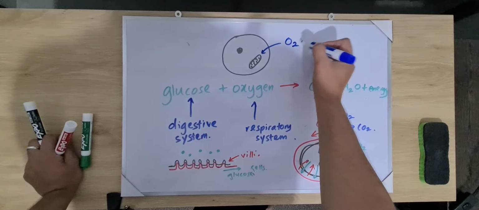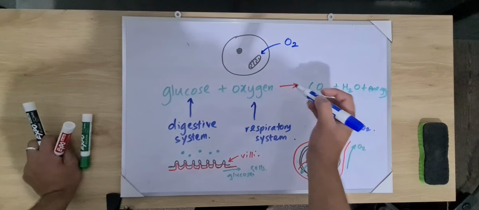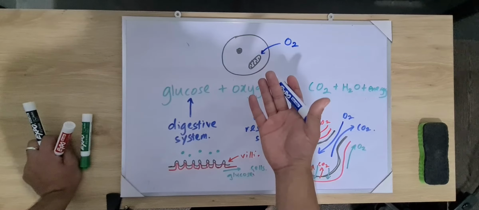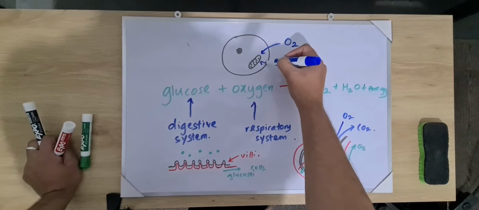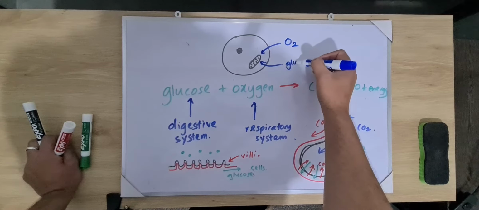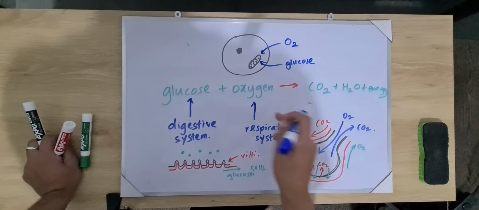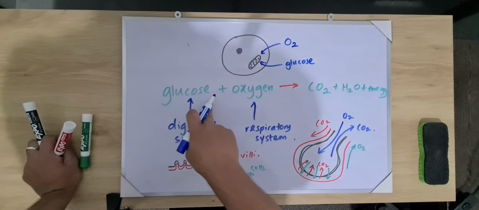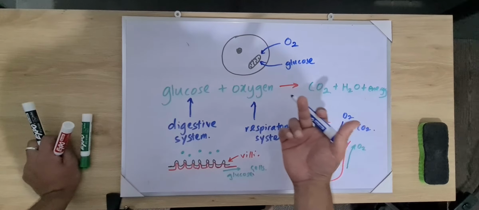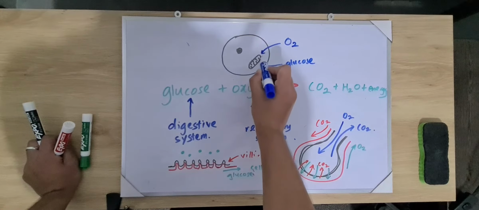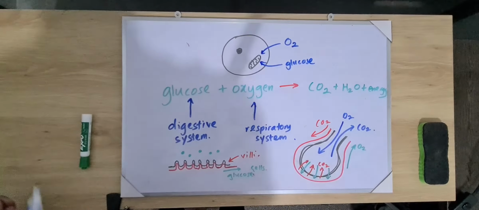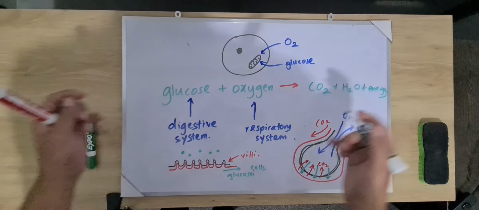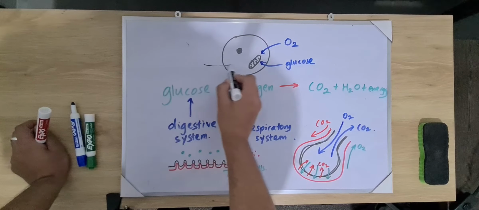So here's our oxygen from our respiratory system, delivered to our cells through the circulatory system. We've got our glucose derived from the digestive system that is also delivered through the circulatory system. It is in this organelle called the mitochondria that this reaction takes place.